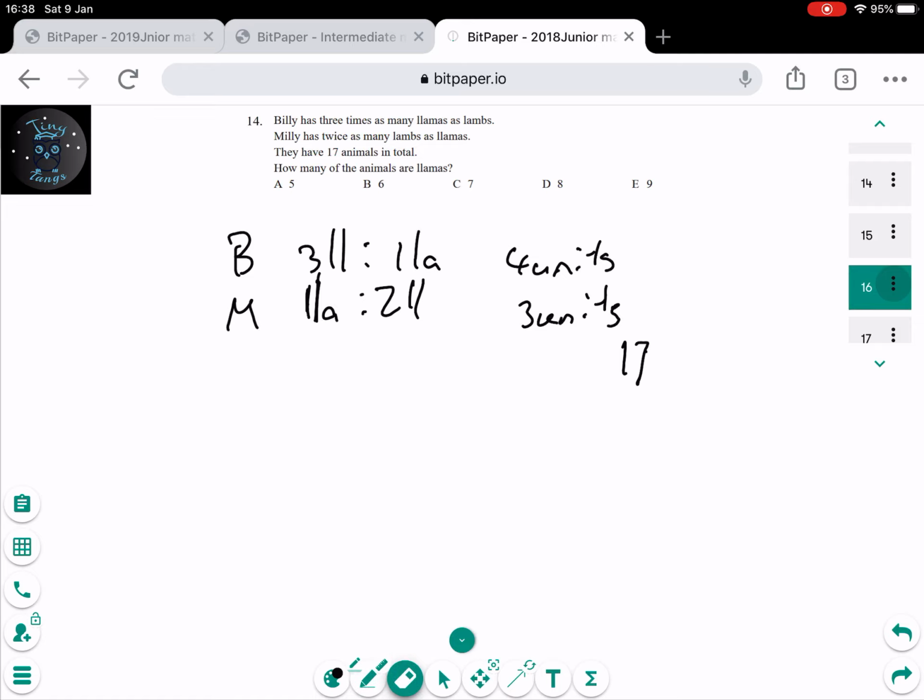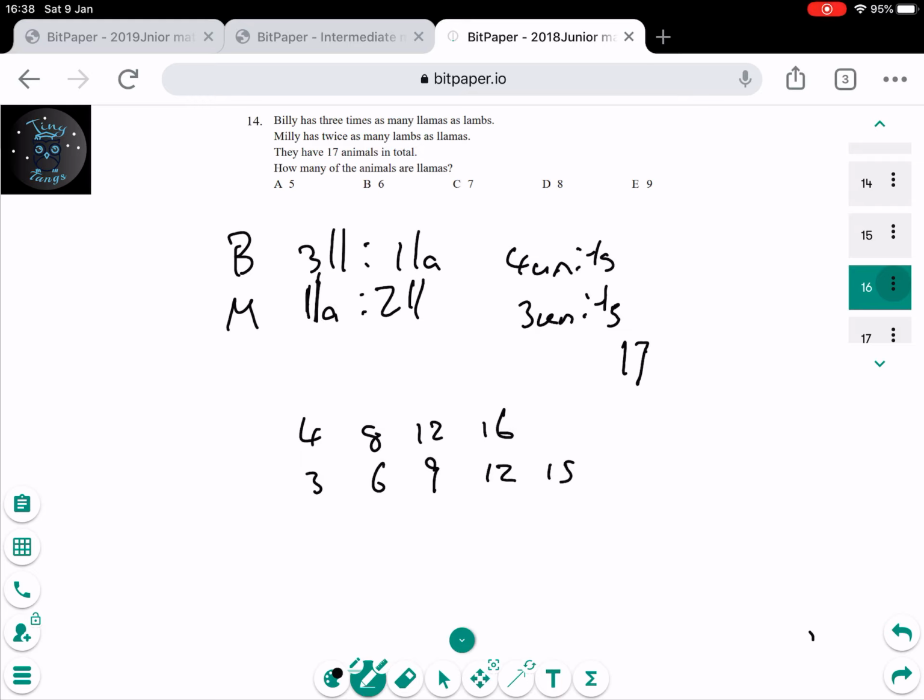So what we can do now is that, for 4 units, you could do 4, 8, 12, and also 16. And for 3 units, we could do 3, 6, 9, 12, 15, and 18. 18 is not possible.